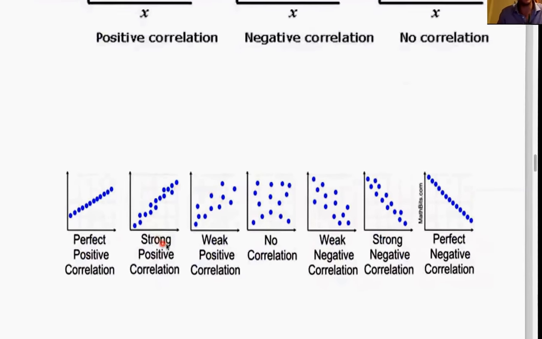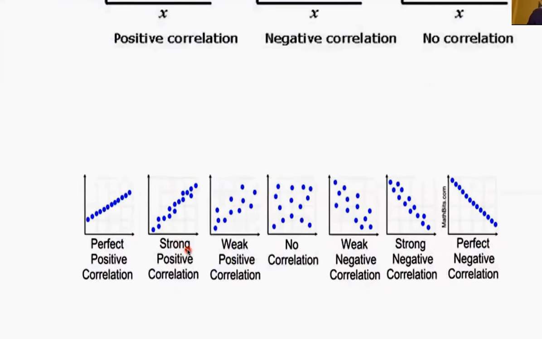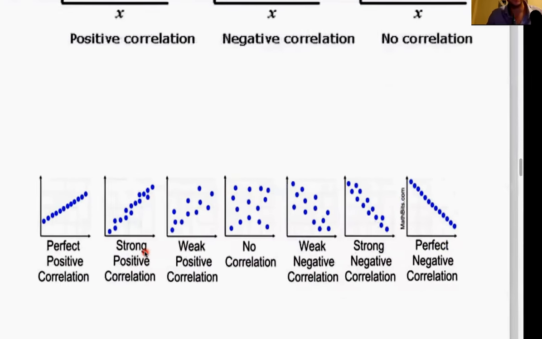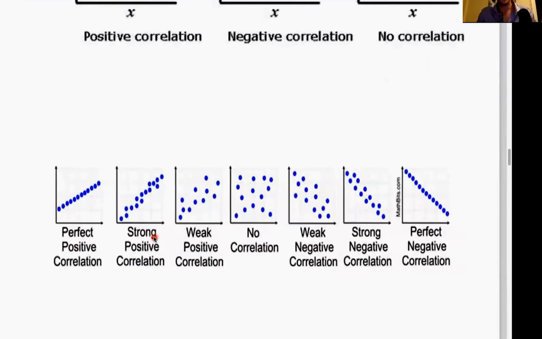So this is how we go down a little bit. It's a little bit harder to see, but let's see if I can zoom in. I want to show this and emphasize that you can talk about different kinds of strength. And the strength is actually how linear they are, how much they deviate from a line that you could draw on the Cartesian plane. This is a perfect positive correlation. What that means is for every x point, you know exactly what the y point is going to be. 100% prediction.